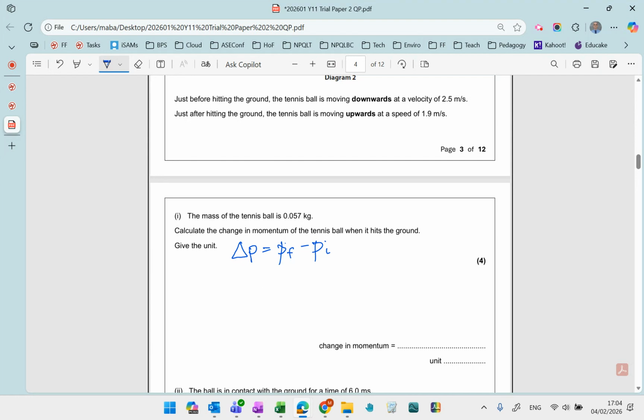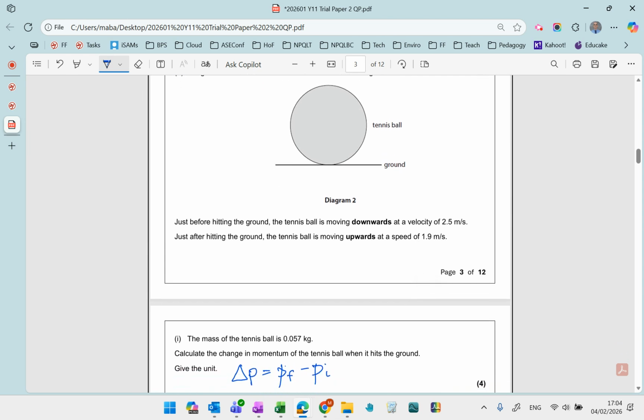If we just think about what was happening, it was travelling downwards at a velocity of 2.5 meters per second, and then it's travelling upwards at a final velocity of 1.9 meters per second.